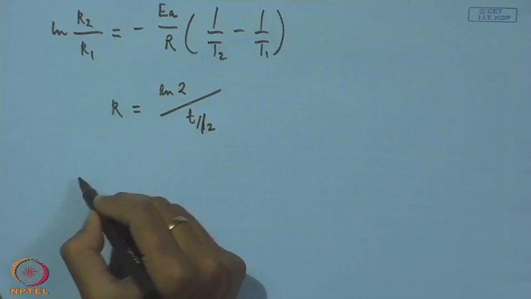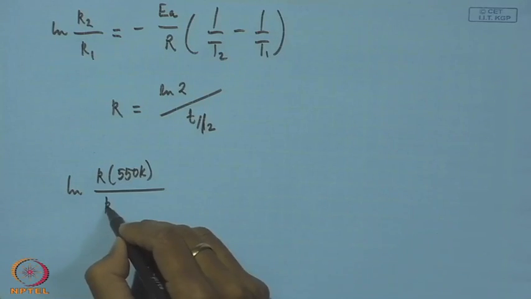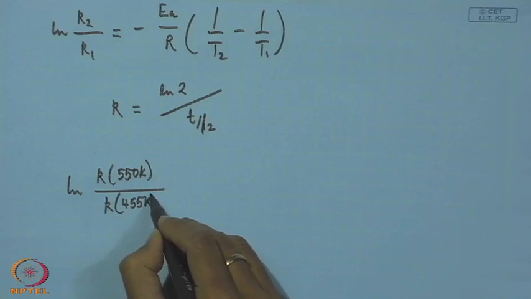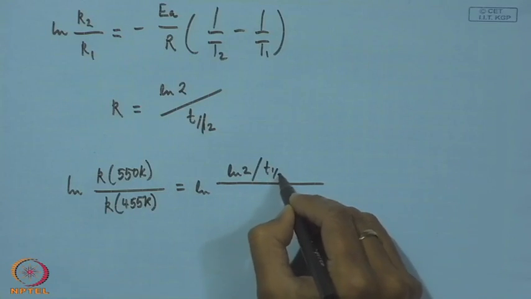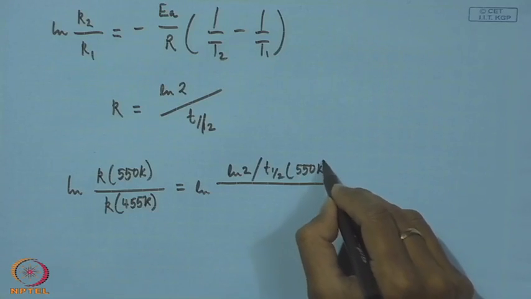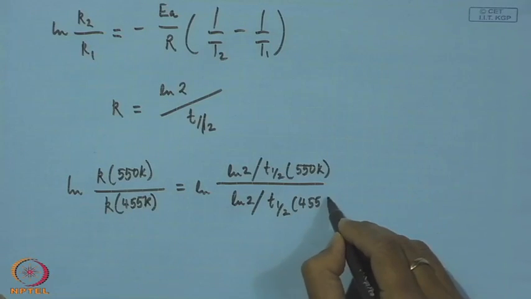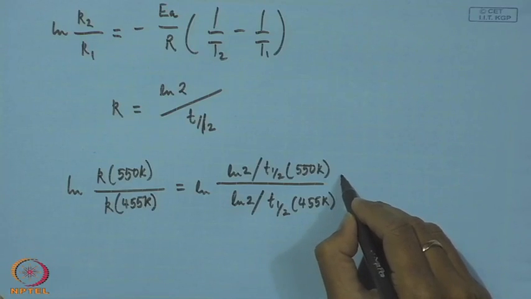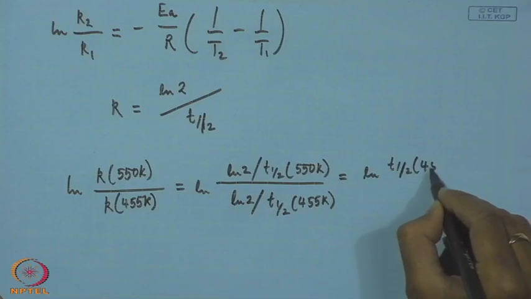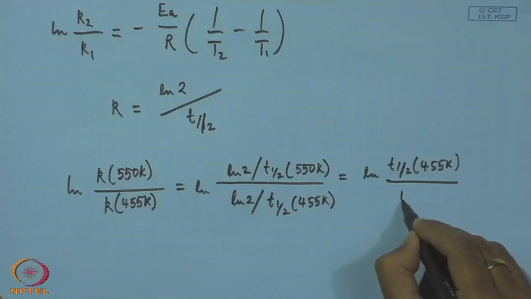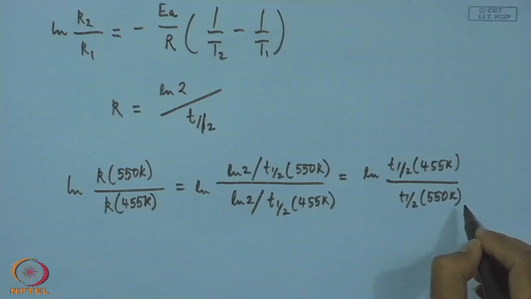We write ln K at 550 Kelvin divided by K at 455 Kelvin is equal to ln 2 by T half at 550 Kelvin divided by ln 2 by T half at 455 Kelvin, which is equal to ln of T half at 455 Kelvin divided by T half at 550 Kelvin.